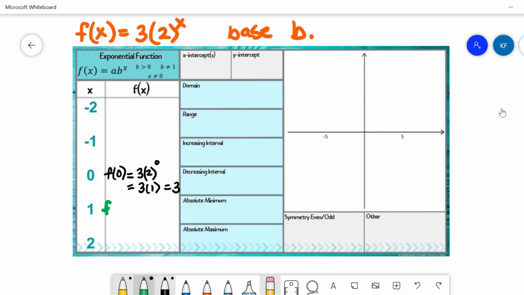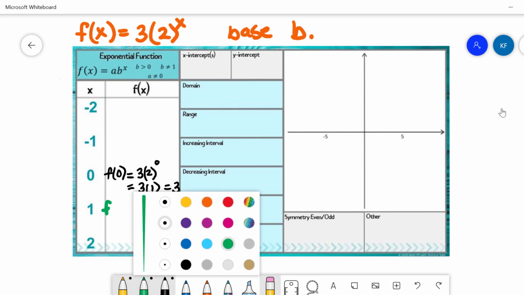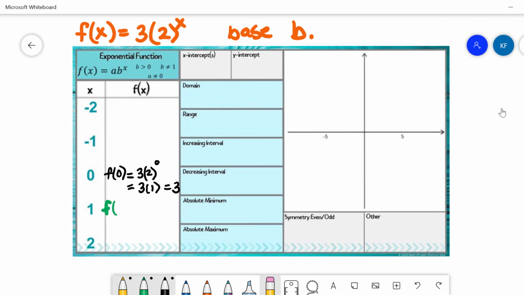So f(1), remember you do the exponents first. I just want to make sure that you understand that because it's super important. In this one, we have 2 to the first power, so that's times 2. So the next one is 6.